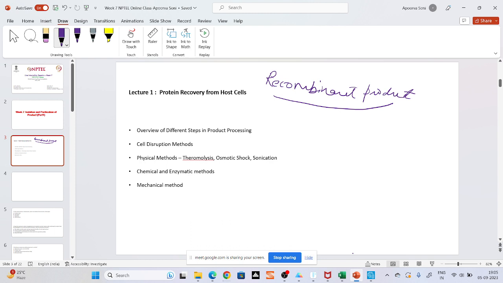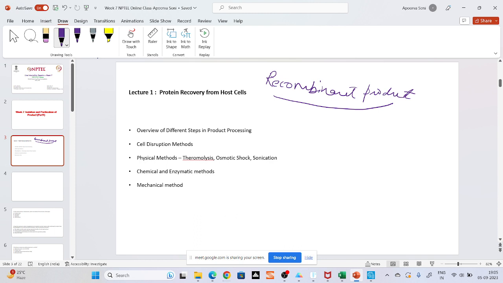This is how we cloned it. And suppose I want to express that particular gene also, then I use an expression vector instead of a cloning vector, and I put some extra sequences like initiation sequence, termination sequence, ribosome binding site, etc. And I have expressed the product. Now the protein product is there with me.